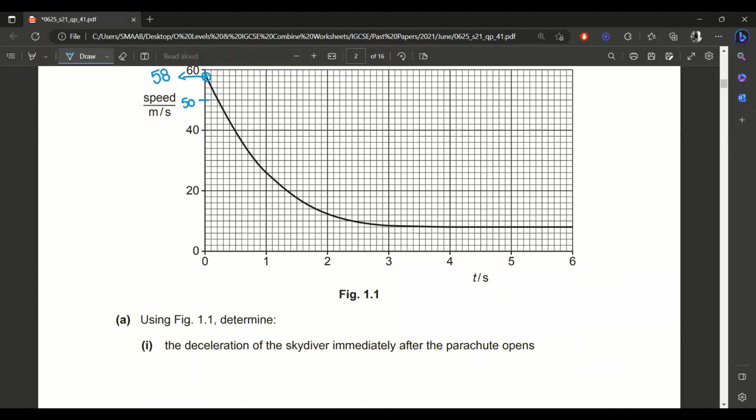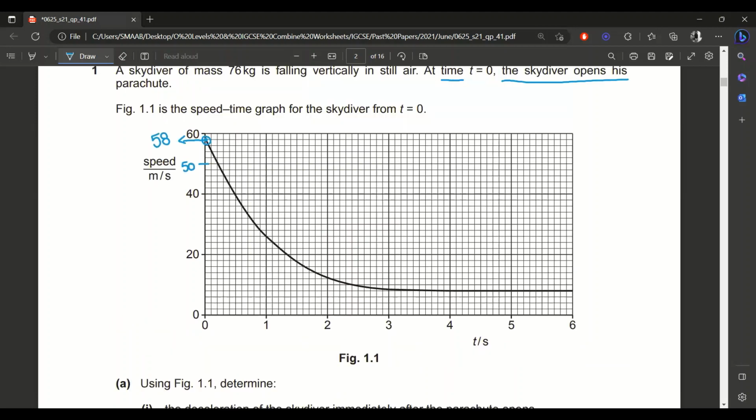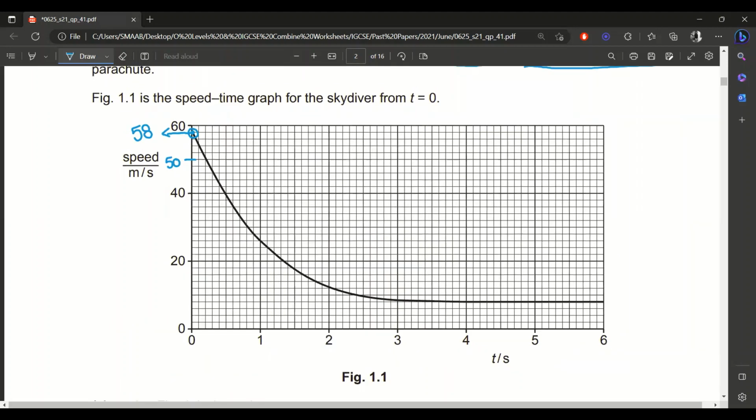We need to find the deceleration of the skydiver immediately after the parachute opens. Let's suppose we take the starting point 58, then take another closest point, a round figure, that is 50. These are the 2 points, because the graph is a uniform curved line, so the rate of acceleration will be constant.